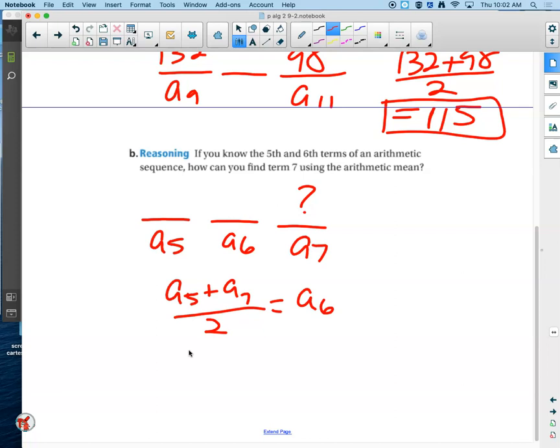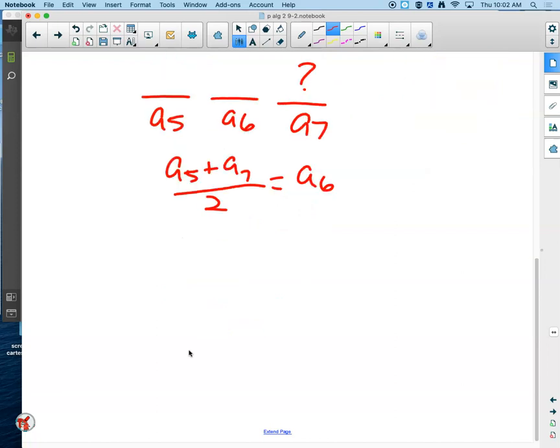So that means we need to solve that little monster for a sub 7. So let's see. This 2 can't be here to do that. How are we going to get rid of the 2? Multiply both sides by 2. We still want a sub 7 all alone, so what would we need to do?